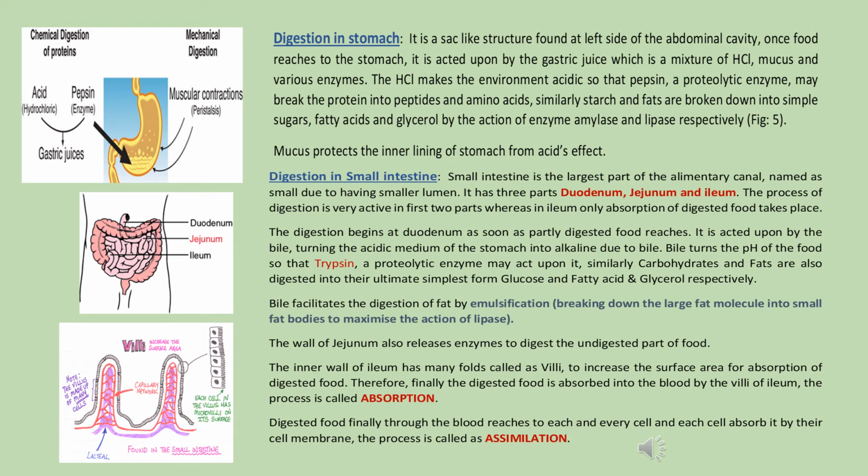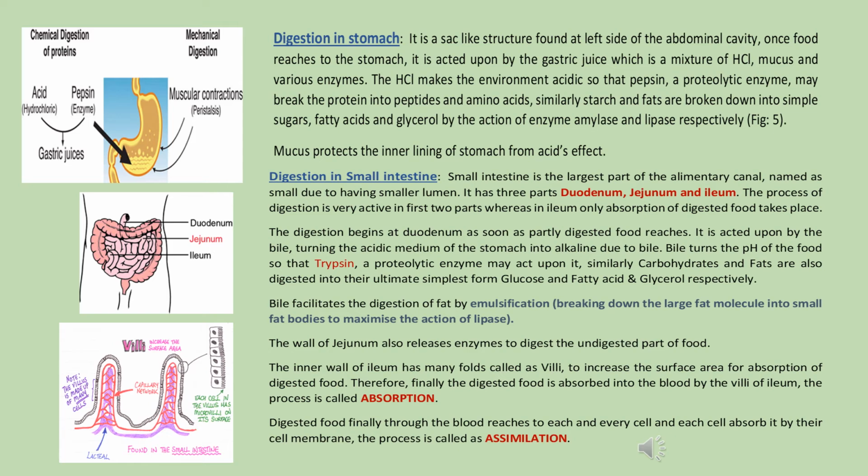The structure of the ileum wall is very different from the rest of the small intestine. In the figure we can see the inner wall having many finger-like projections called villi. These villi are formed in that way because they have to increase the surface area for the absorption of food.